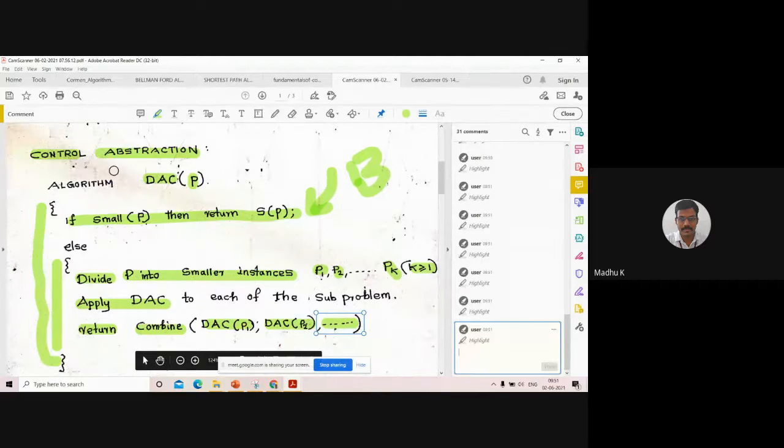This is the control abstraction, or the format of solving divide and conquer approach problems. The basic concept is very simple.